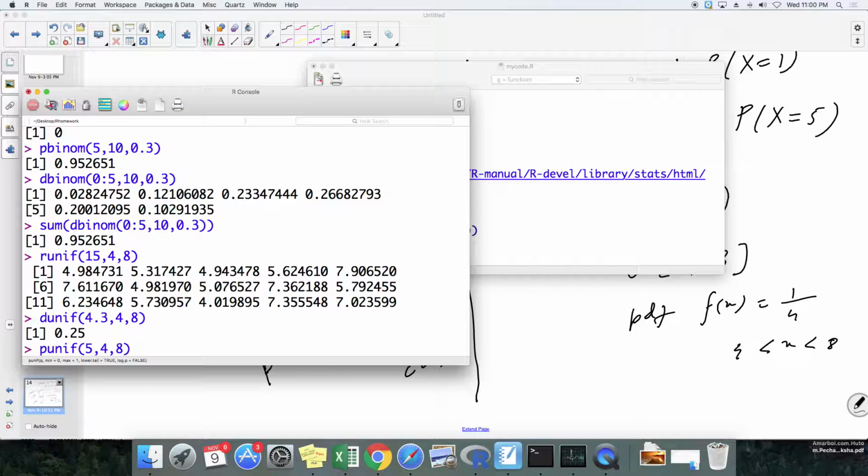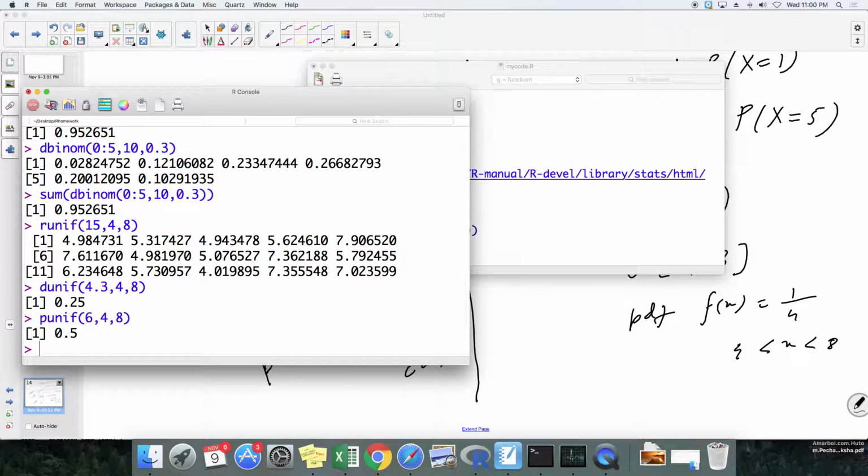Actually that's not very interesting. Let's take 6. So 6 minus 4 is 2, 8 minus 4 is 4, so 2 by 4 is half. So this should be half, and it is.